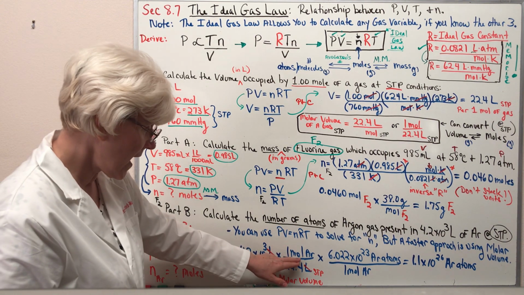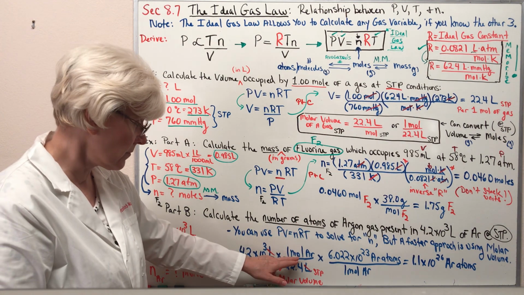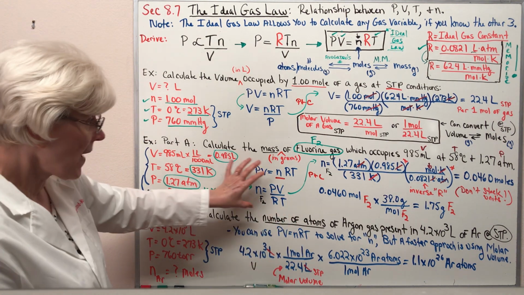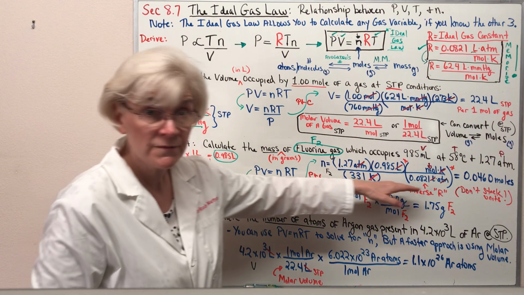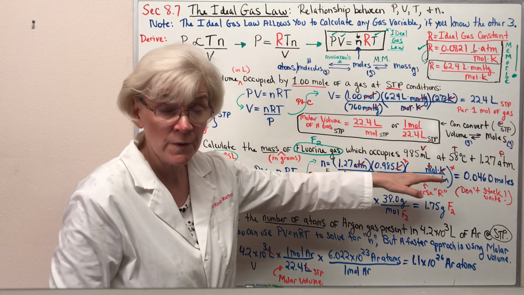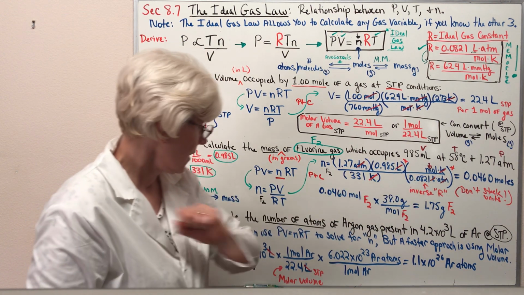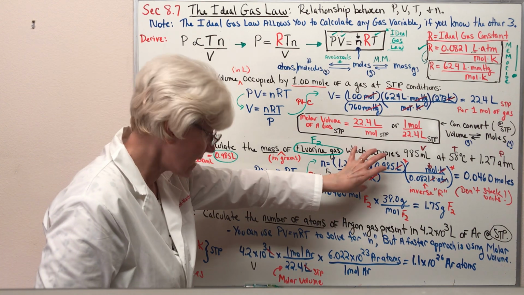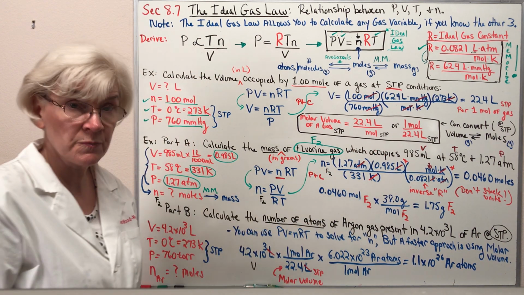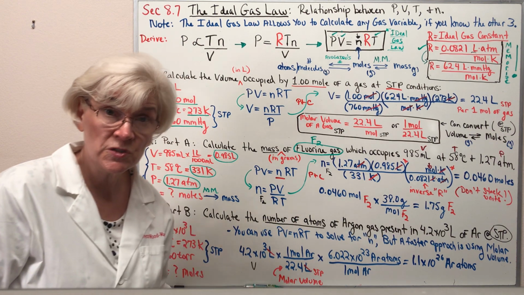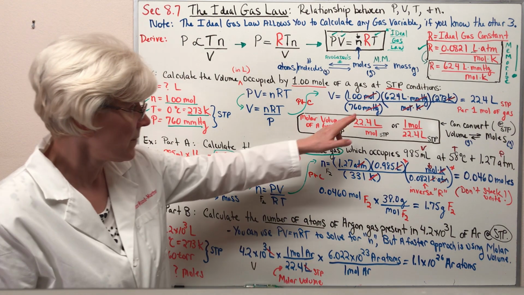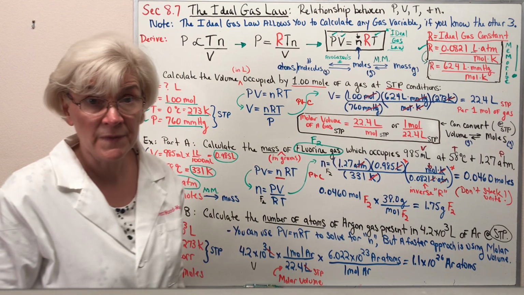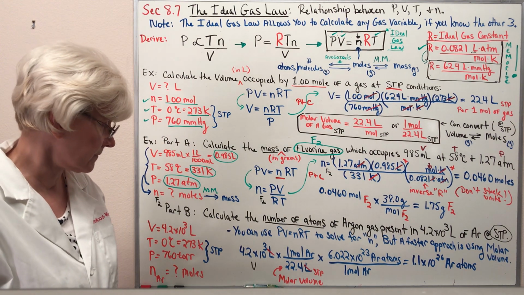And right away, I've converted to moles of argon, bypassing all of the work that we did here with the ideal gas law. Molar volume is just a shortcut. Remember, that number came from the ideal gas law calculation.